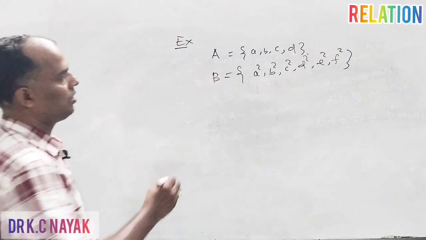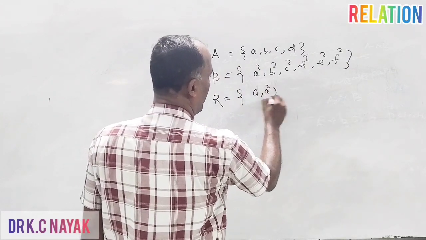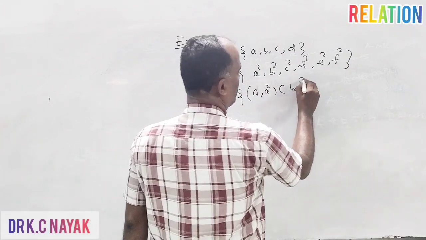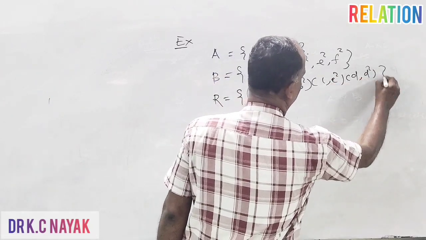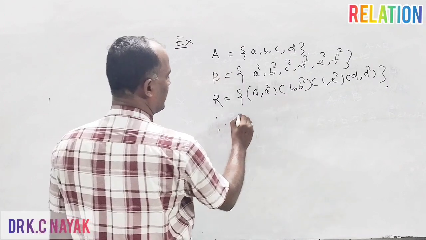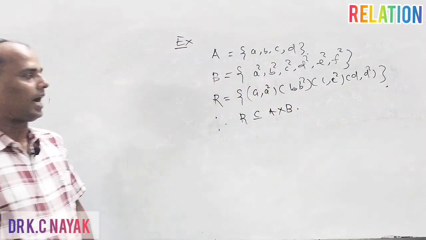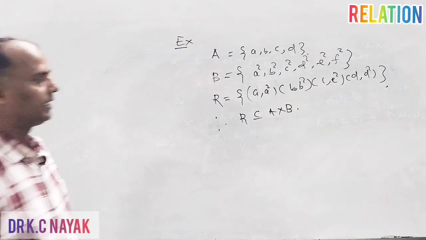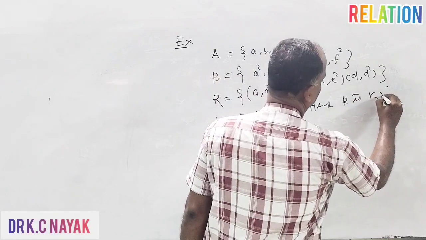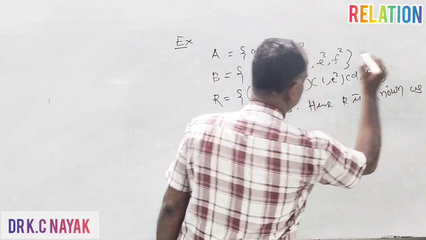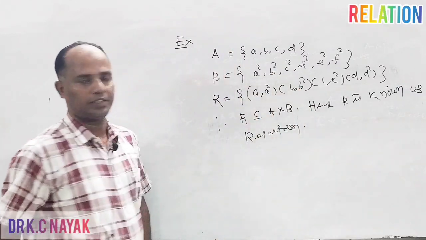So here we choose a set R which is (a, a square), (b, b square), (c, c square), and (d, d square). These are a subset of A cross B. That means here R is known as a relation.